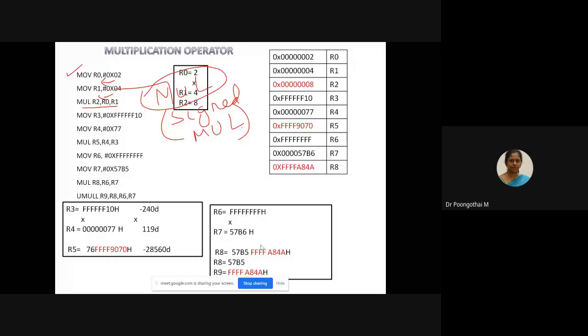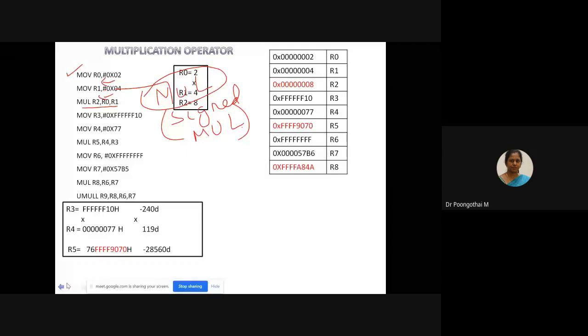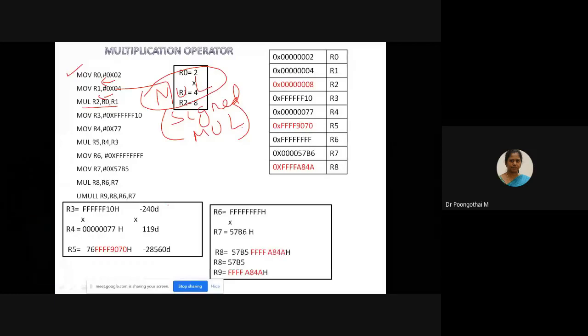To extract the upper 32 bits, we have to use the unsigned long multiplication instruction. Your R6 value is 7F, and the multiplicand is 57B6.